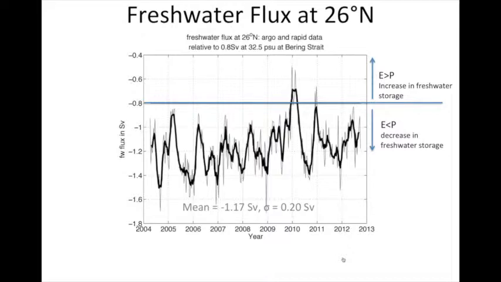Thanks for the talk. We use the Bering Strait as a constraint. The freshwater fluxes in the Arctic, the Russian rivers, and the seasonal freezing and thawing is not significant? No, it is, and that's all in there. So this is quite accurate, but an entirely bulk measurement. So the net effect of all of those is in there. Actually, what we see at 26 North, some of those we might not see there.